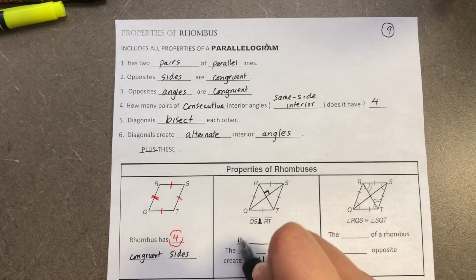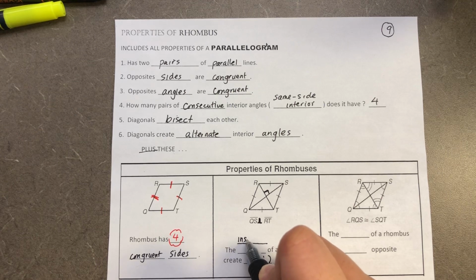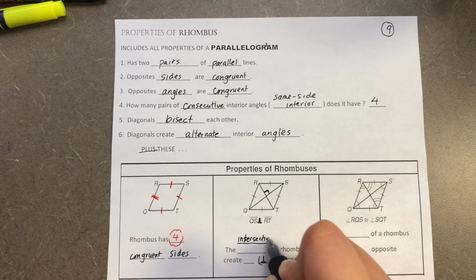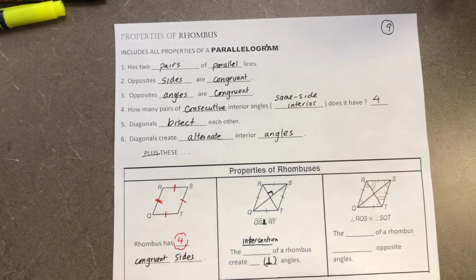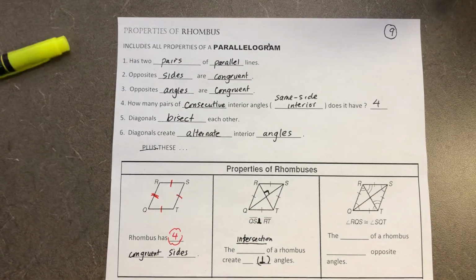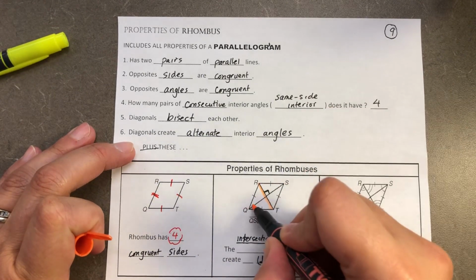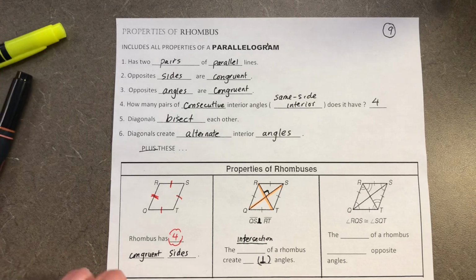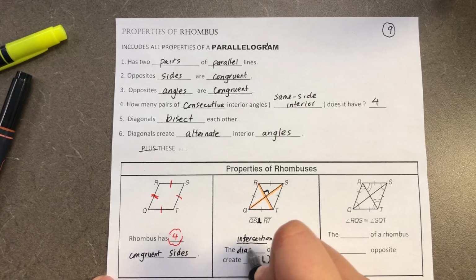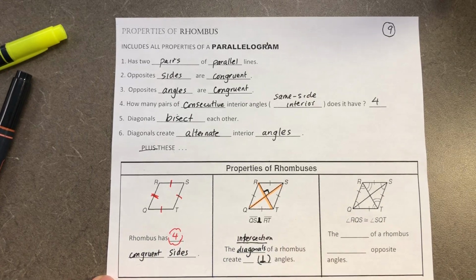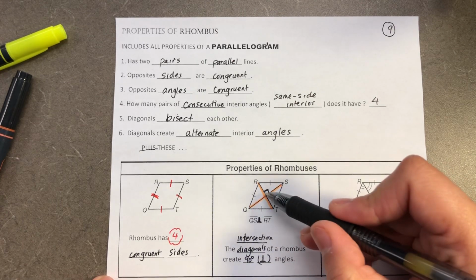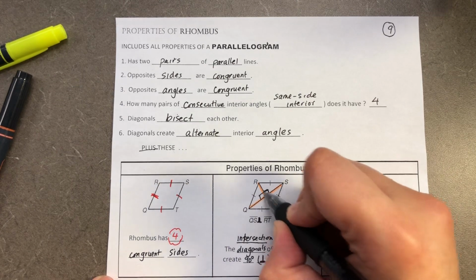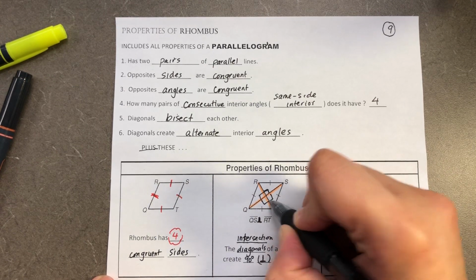So the intersection of these diagonals right here, which I'm going to make in orange, because I want to make sure I'm using some of my color here, creates 90-degree angles. So I not only have this angle, but I have this one here, that one here, and this one here.